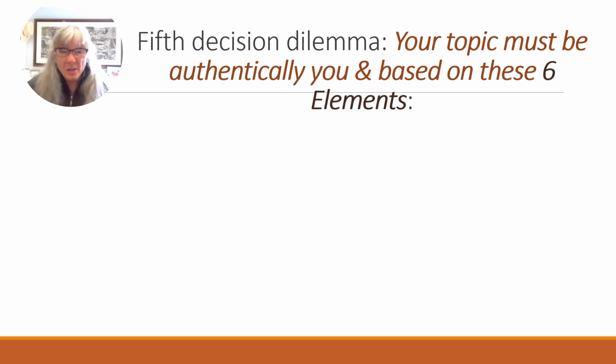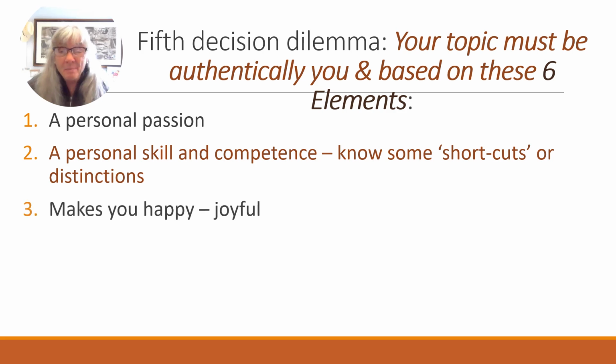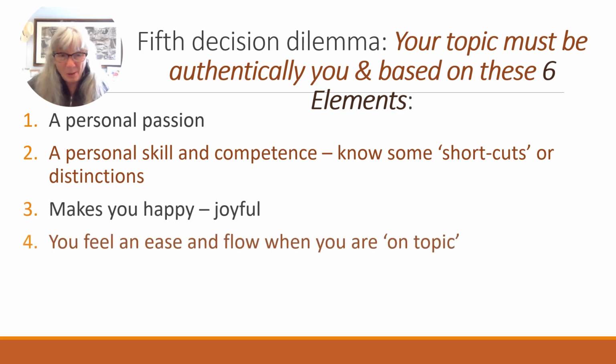Now, your fifth decision dilemma is that your topic must be authentically you and based on these 6 elements. A personal passion or something you like and enjoy, a personal skill and competence, that you know some shortcuts, distinctions, you have experience and things you like to share. And above all, it must make you happy and joyful.